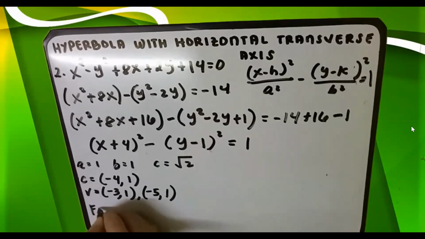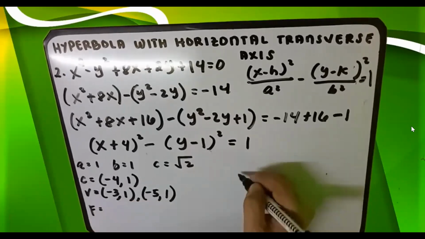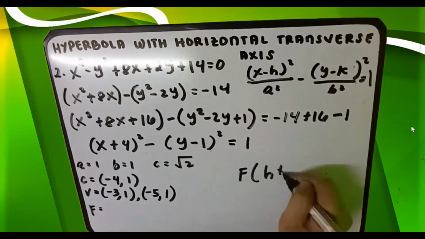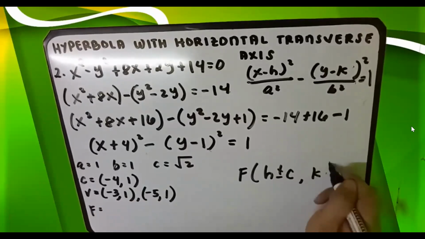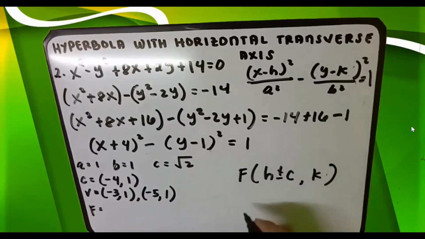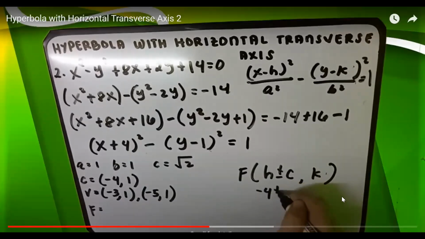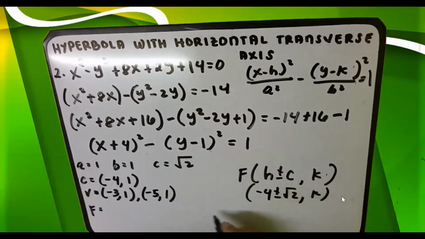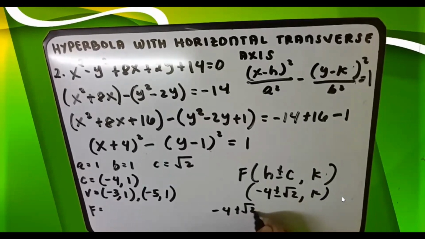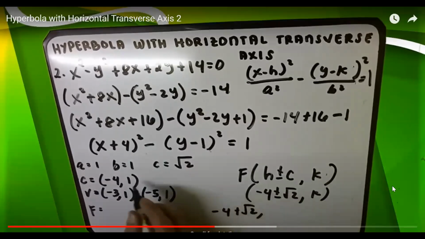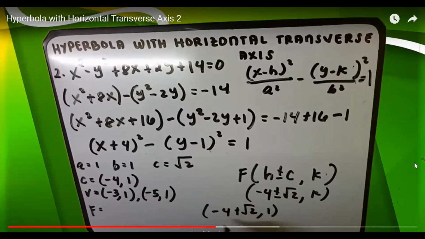For foci, that is h plus minus c and then k. So ang h natin ay negative 4 plus minus c, which is square root of 2, and then k. Paghiwalay natin, negative 4 plus square root of 2. Ang k natin is 1.